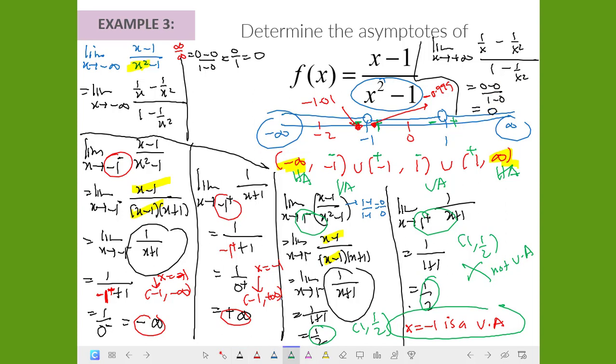So as x goes to negative infinity, y is 0. Y equals 0 is a horizontal asymptote. So we can conclude that y equals 0 is a horizontal asymptote.